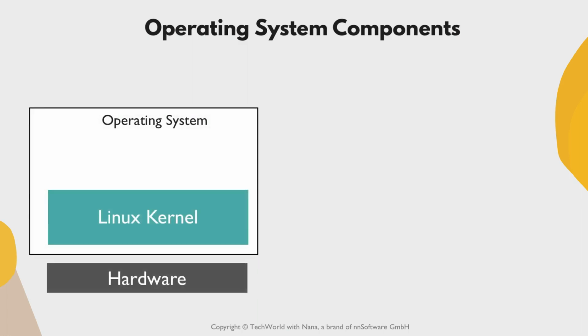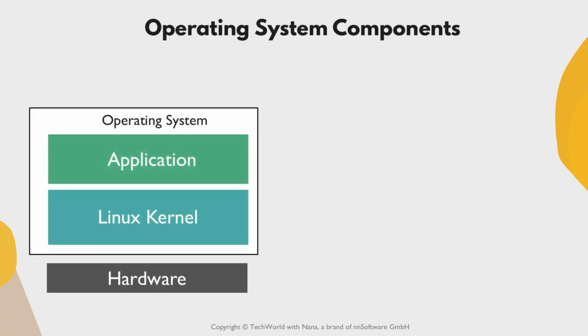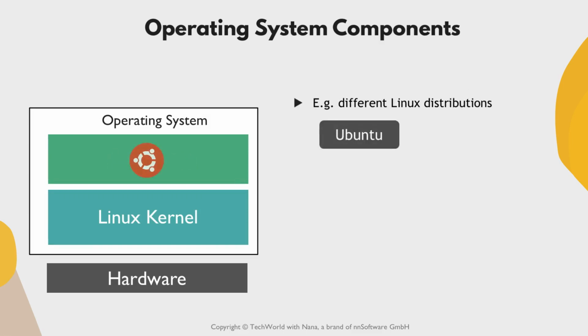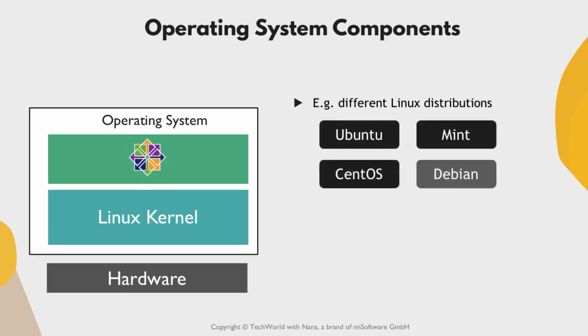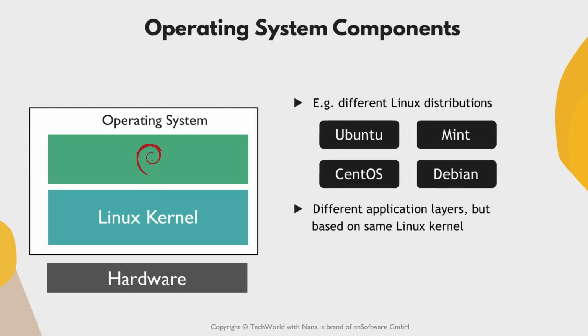And then there is the application layer on top of the kernel. For example, Ubuntu, Linux Mint, CentOS, Debian, these are all different Linux distributions which have different application layers but are based on the same Linux kernel.